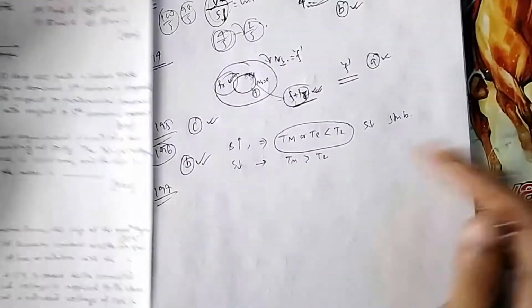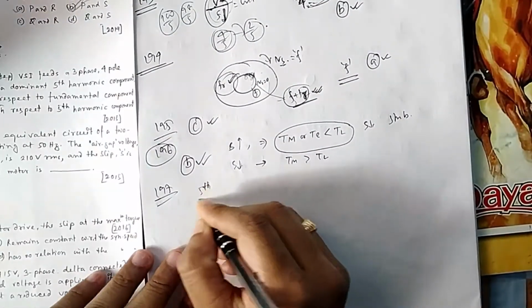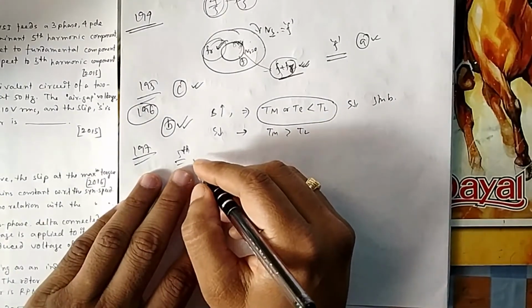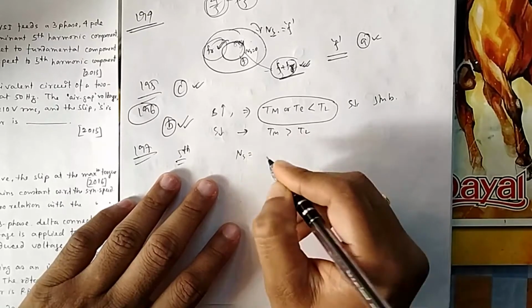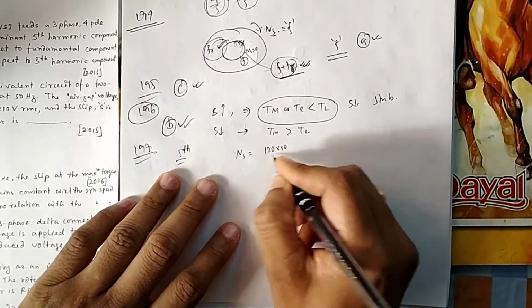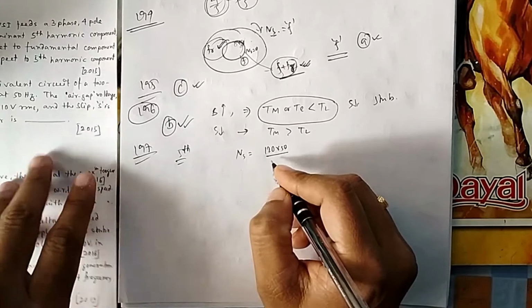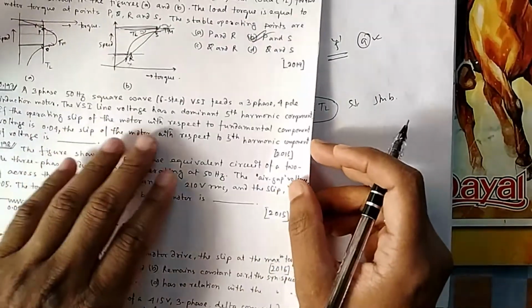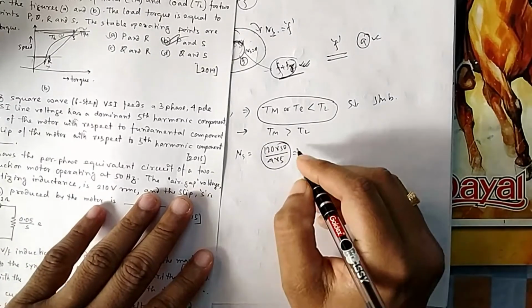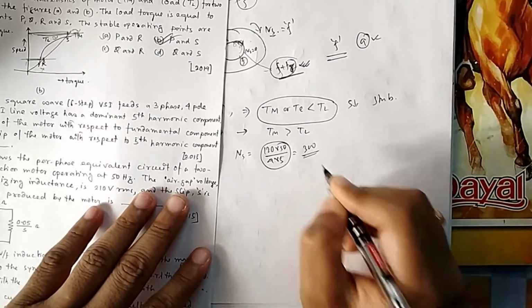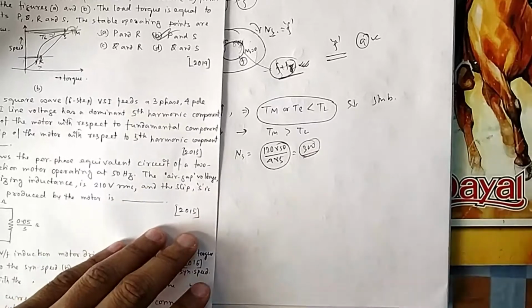So I have already explained that in case of the fifth harmonic, the number of poles seen by the rotor will be increased. So your NS will be now 120 into 50 by pole, with more poles. If it was originally 4 pole, because of the fifth harmonic it will be of this fashion. So your NS will look like this due to this fifth harmonic.